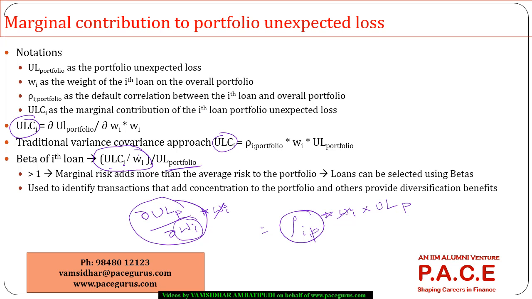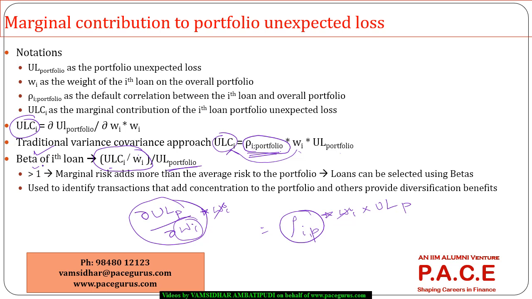So if you see this ULi by Wi, if you bring this here, this is nothing but the correlation multiplied by the unexpected loss. So based on that, the simplification is simply coming out as the correlation between the ith loan in the portfolio and the overall portfolio, which is what we are calling the beta of the ith loan.